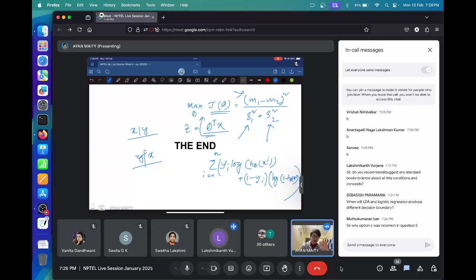Don't log in to the portal. Before logging in, you have one course homepage, which has the description of the course, the professors' names, and the syllabus, and two books are written there. One is Elements of Statistical Learning, I think, and another one is Pattern Recognition. Let me check.